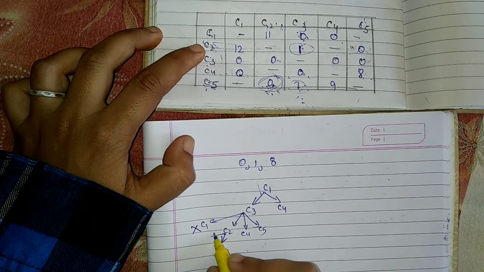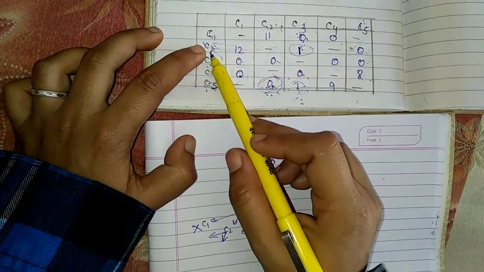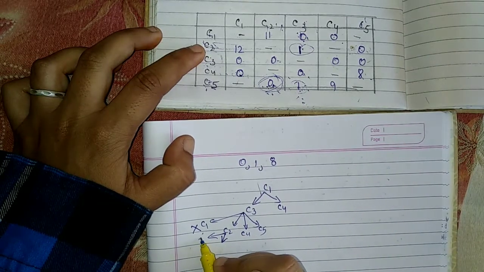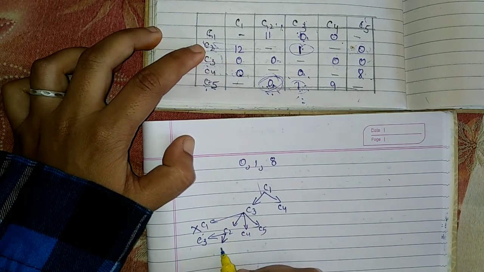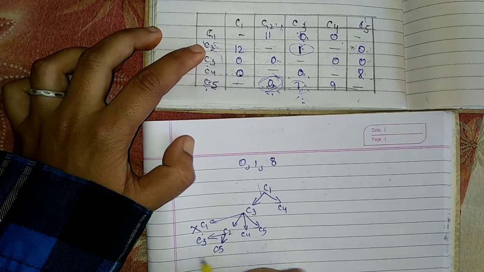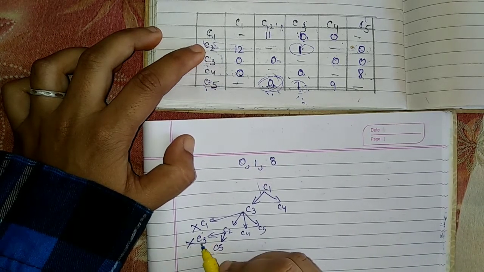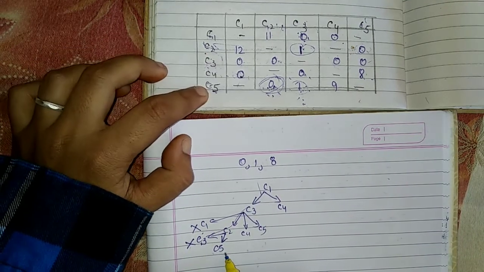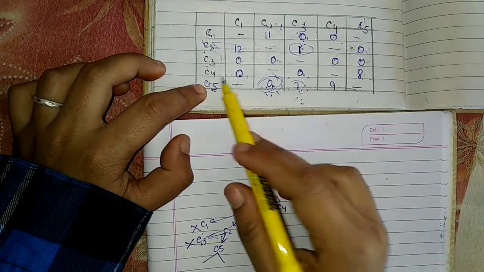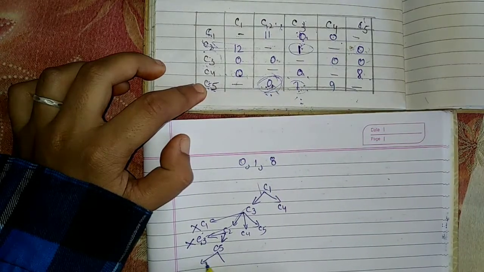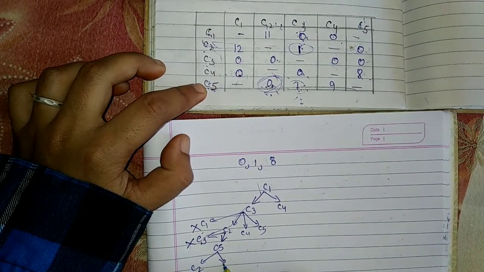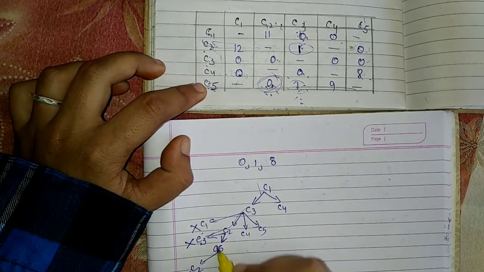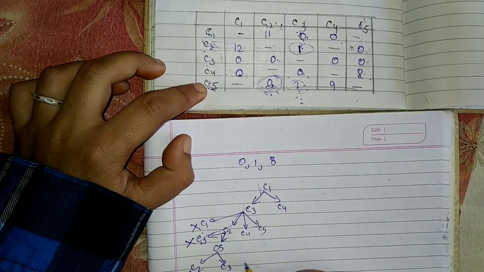C2 there are 2 arrows because here is 1 and 0, meaning C3 and C5. C3 is unfavorable because it is already covered here. C5 means C2 and C3. It is unfavorable because it is already covered here.